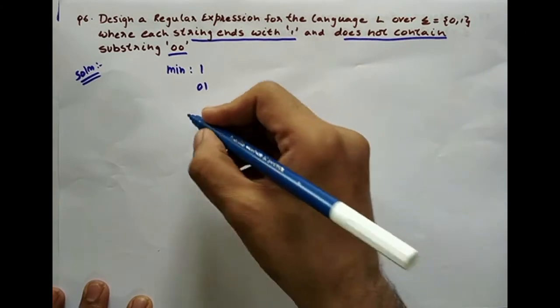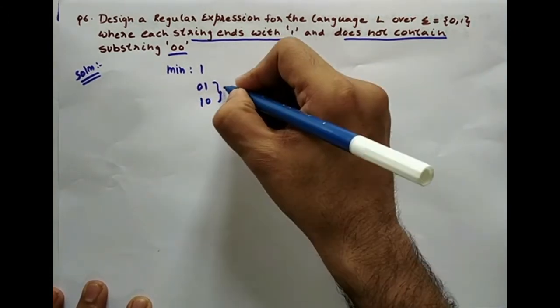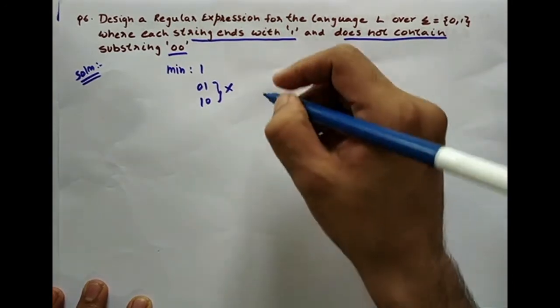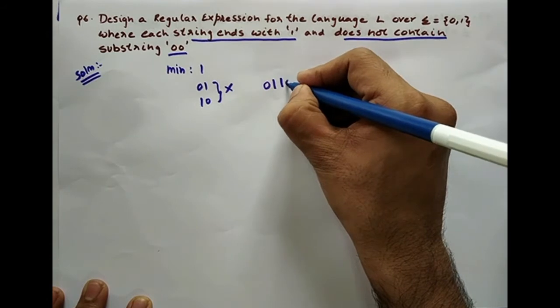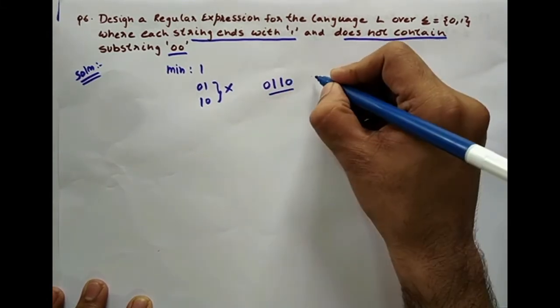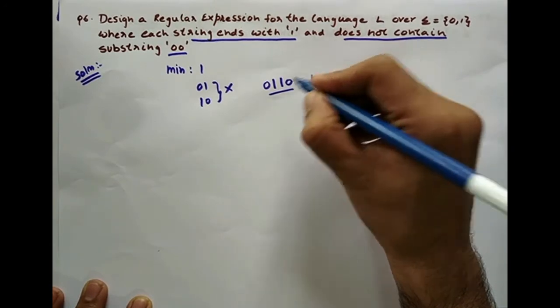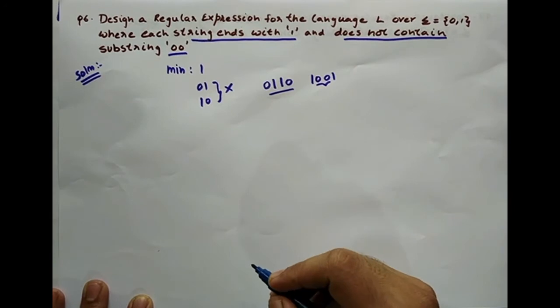Except, can I have 0, 1 as well as 1, 0, both of them together? No, because when I have 0, 1 and concatenate 1, 0 to it, then that is fine. But if I do it the other way around, that is when I take 1, 0 first and then concatenate it with 0, 1, you will get 2 zeros. Right?